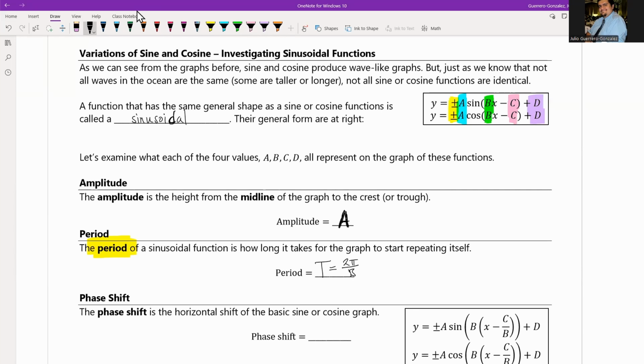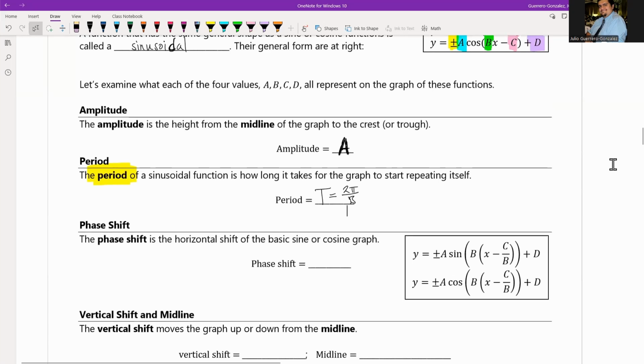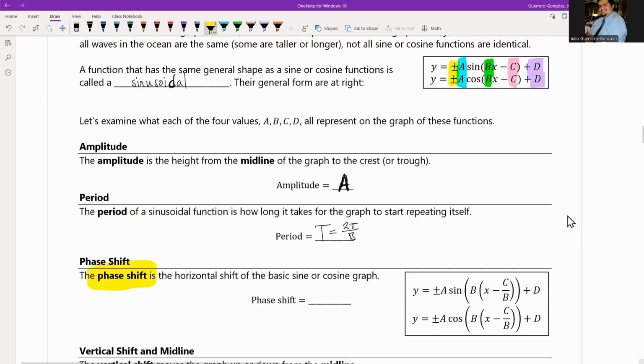You remember a horizontal shift? When we talk about sinusoidal functions, instead of calling it a horizontal shift, we call it a phase shift. This basically means we're going to pick up the graph and move it left to right. If you see right here, it's that C and that B that we're going to use.